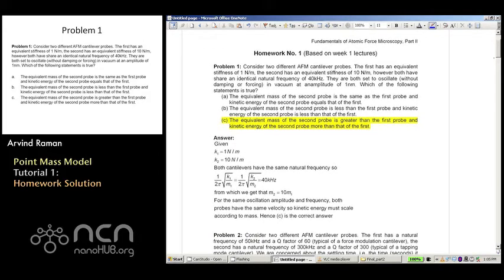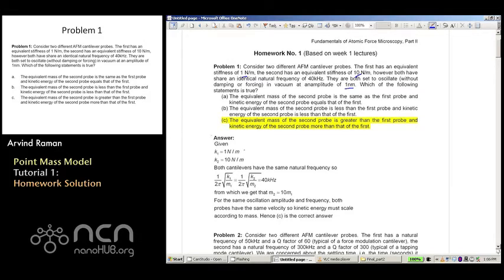get. The first problem is about equivalent stiffness and mass, and you have two oscillators, two probes with different stiffness but the same natural frequency, 40 kilohertz, and they're set to oscillate at an amplitude of 1 nanometer without forcing or damping.